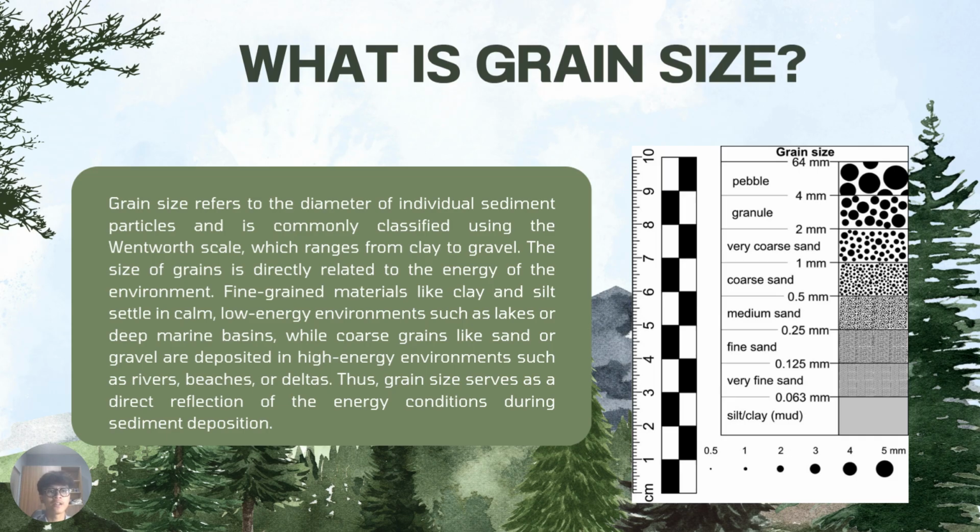Fine grained material like clay and silt settle in calm, low energy environment such as lake, deep marine, basin, etc. While coarse grain like sand and gravel are deposited in high energy environments such as beach, delta, etc. Thus grain size serves as a direct reflection of energy condition during sediment deposition.